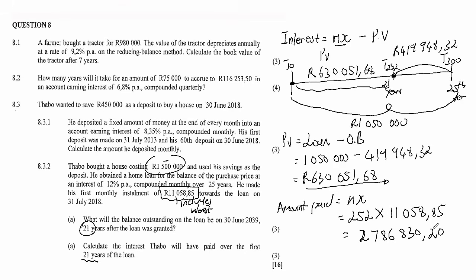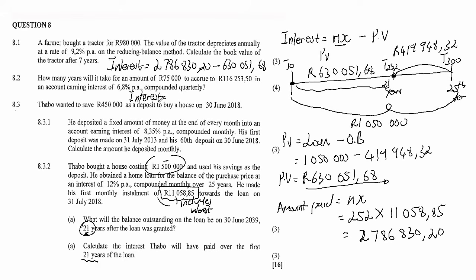So this is the total amount that Thabo pays over a period of 21 years. So note that if we now want the interest that is being paid, we need to take this amount that we found here minus the present value, which will give us 2,786,830.20 minus the 630,051.68.